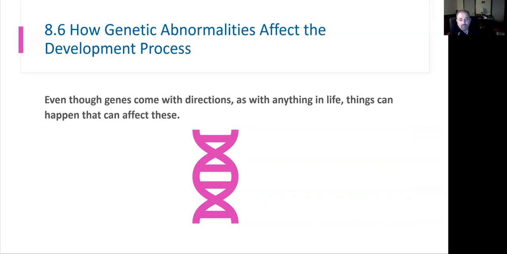Sometimes, for instance, 23 chromosomes come from a male and 23 from a female, and they come together, but the process of them combining goes wrong. They're supposed to have 23 and 23, but something went wrong with the process.